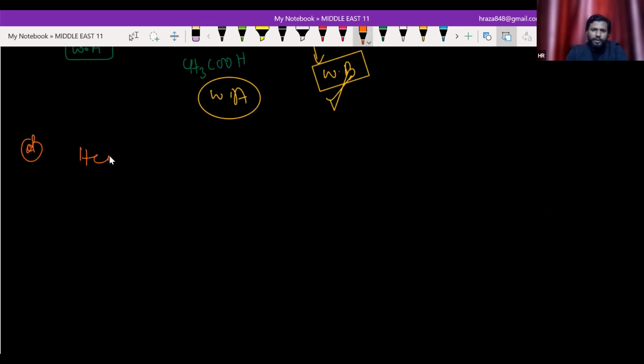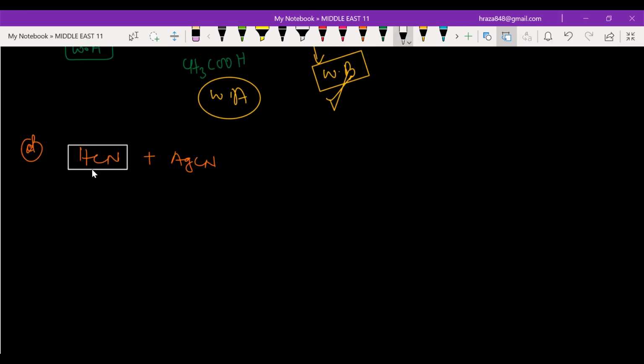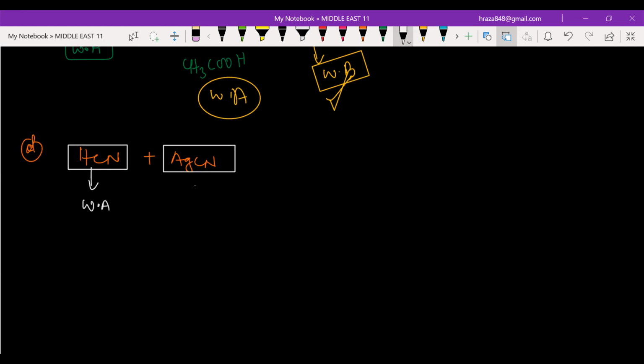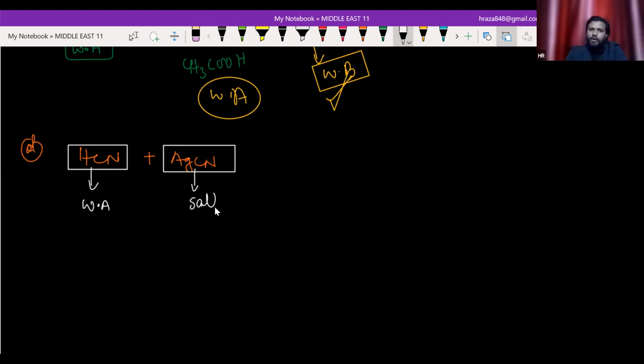So going for D part, HCN plus AgCN. What is this? Acid, base? This is weak acid. And what is this? AgCN, salt. And this is the salt of what? AgOH and HCN, right?